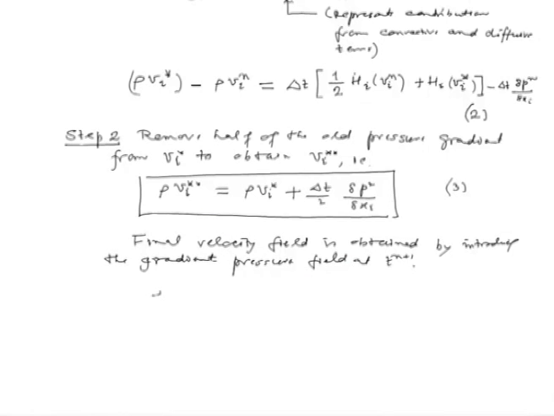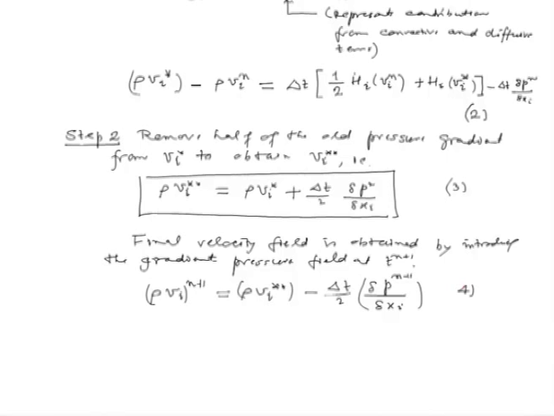So, let us write that down in just theoretical format. rho V i at n plus 1 is equal to rho V i star star minus delta t by 2 del P at n plus 1 divided by del x i.